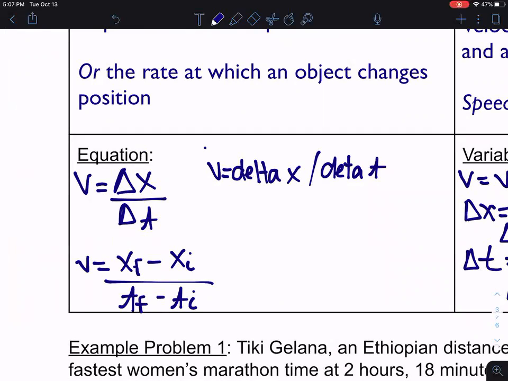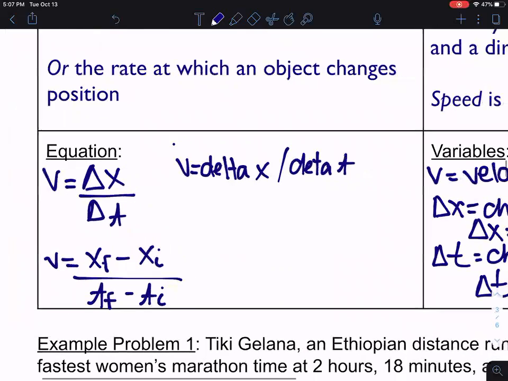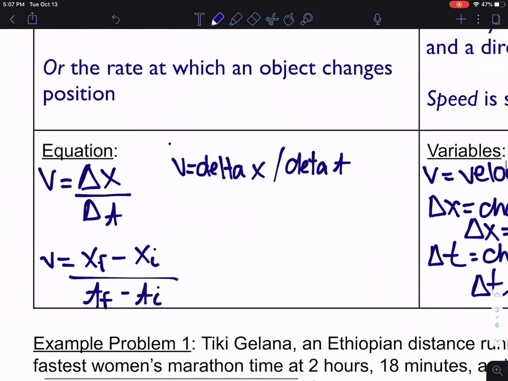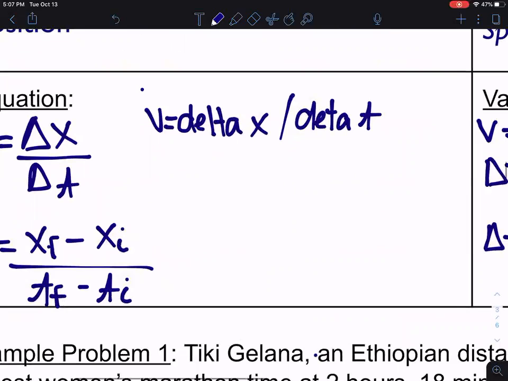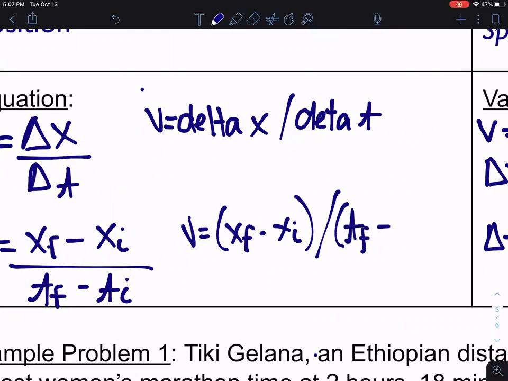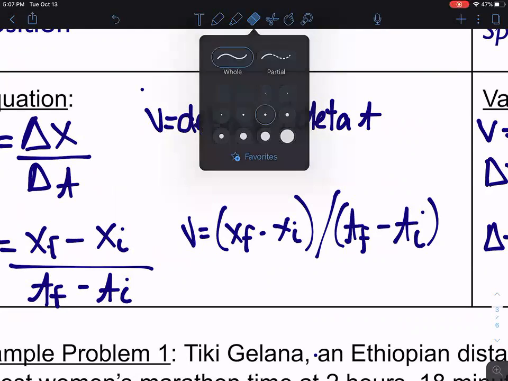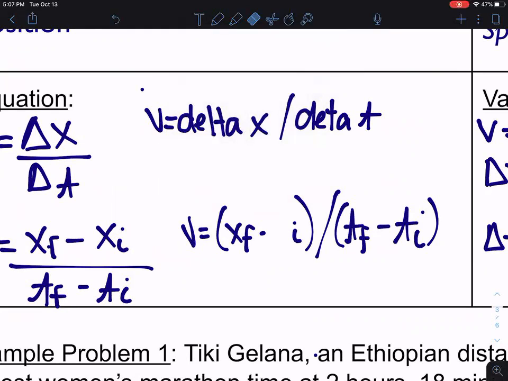If you were going to handwrite this out, I would write V equals X final minus X initial slash T final minus T initial, because order of operations becomes important.